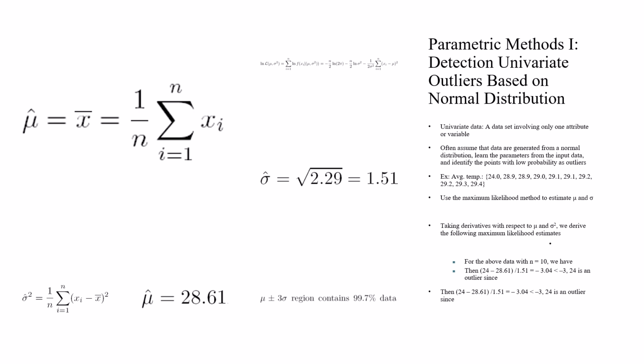Let us assume that the average temperature follows a normal distribution, which is determined by two parameters, the mean mu and the standard deviation sigma. We can use the maximum likelihood method to estimate the parameters mu and sigma. That is, we can maximize the log likelihood function that is given on the screen.